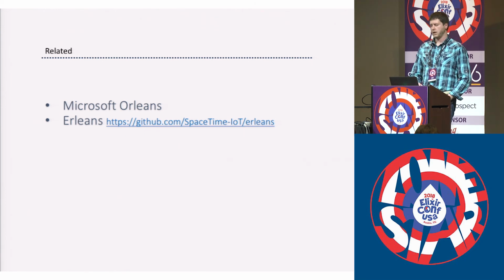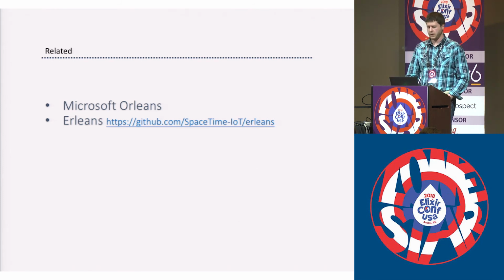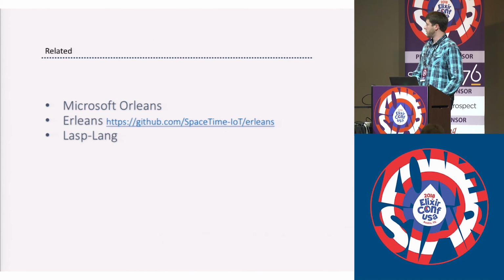Or if a node goes away, that grain can be reactivated. I believe that's what they call it. Instead of spawning, it's reactivated on a new node, and it can retrieve its state from storage. And LASP looks like an interesting project. I believe Orleans uses parts of it under the hood.